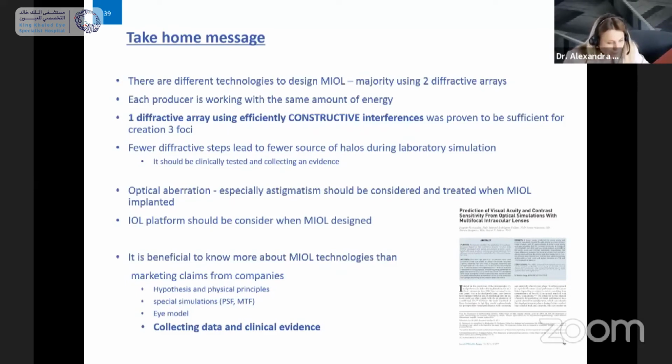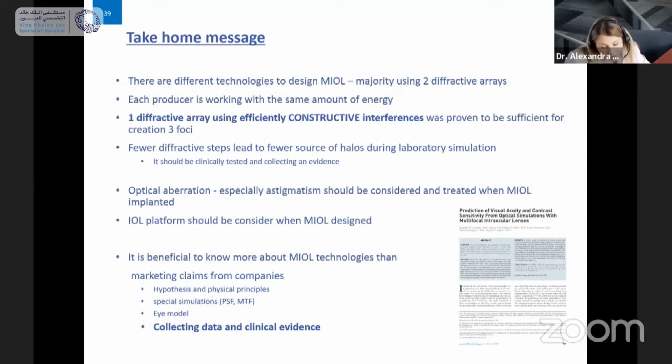One diffractive array using efficiently constructive interference was proven to be sufficient for creation of the 3 foci. Fewer diffractive steps led to fewer sources of halos during laboratory simulation, and we need more clinical tests to collect the evidence from clinics. So optical aberrations, especially astigmatism, should be considered and treated when the IOL is implanted.